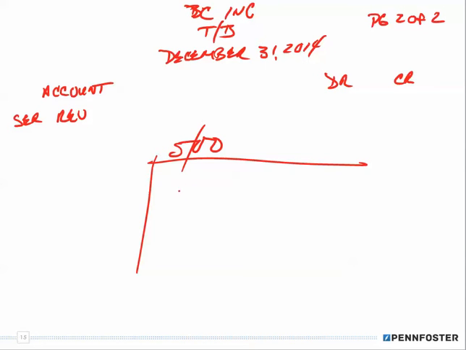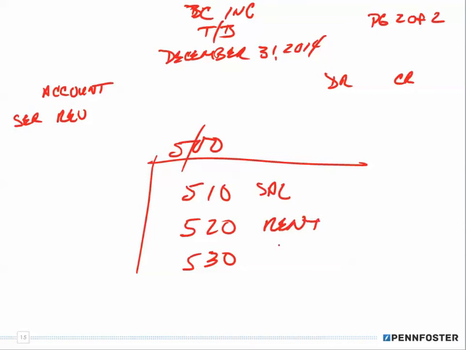So your first expense might start out at 510, and then your next one might be 520, and then 530. So if 510 is salaries, 520 happens to be rent, and then 530 happens to be utilities.